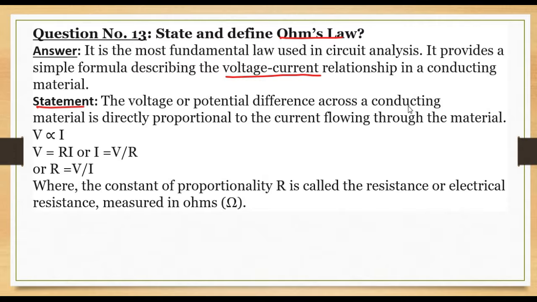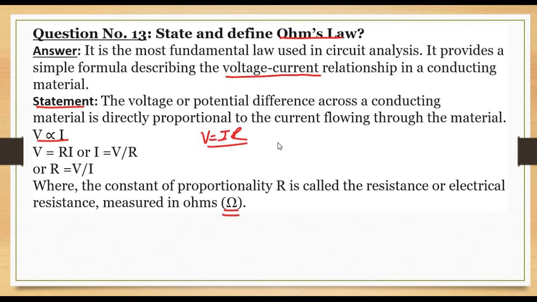Which means that across any conducting material, the voltage is directly proportional to the current flowing through that conductor. And to remove this proportionality, we introduce a constant called resistance. So it becomes V equals IR, where the constant of proportionality R is called resistance and is measured in ohms.